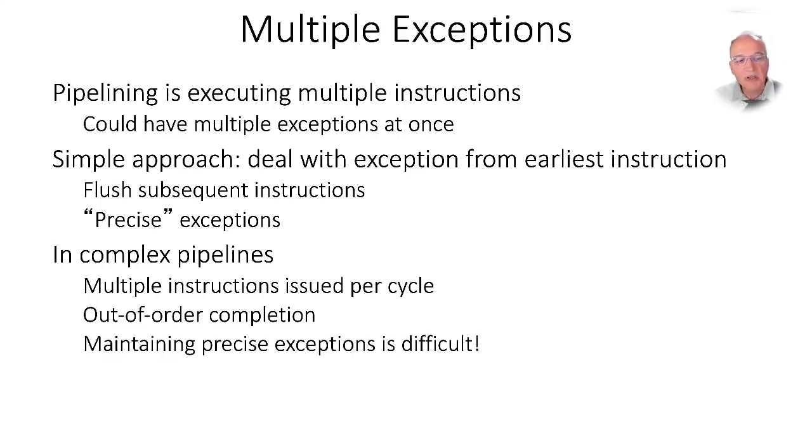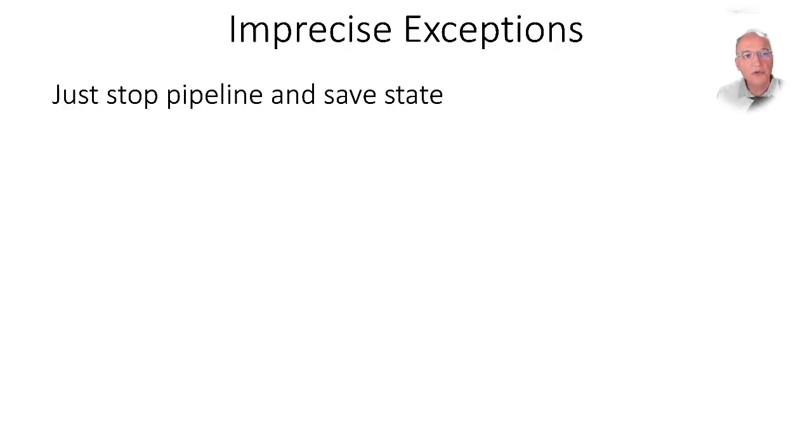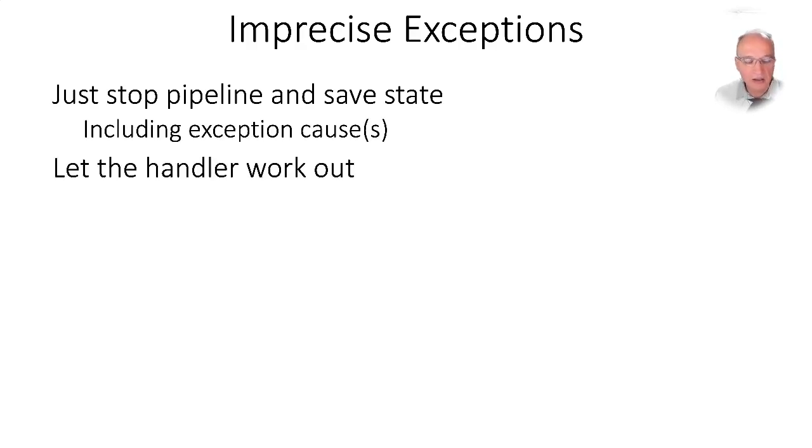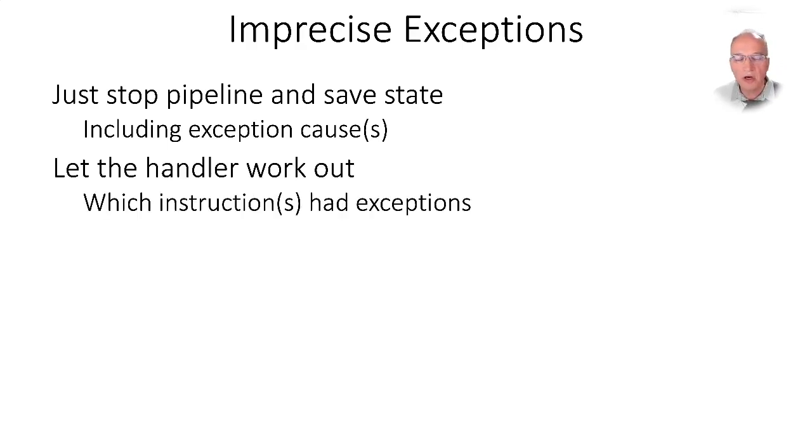In these cases, maintaining precise exceptions may be difficult, and in some designs in the past, the processor would have what is called imprecise exceptions, where you could not really determine the order or the moment in which the exception happens. If you have imprecise exceptions, all you do is stop the pipeline and save the state, including the exception cause, and you let the handler work out which instruction caused the exception and which ones should complete and which ones should be flushed.